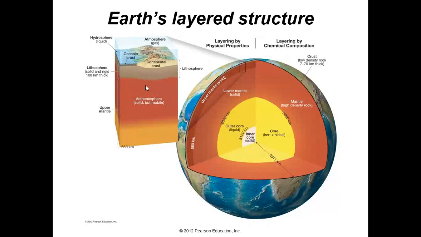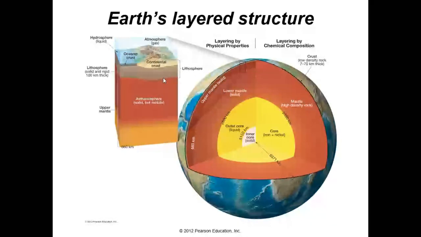Because it's close to melting, it's starting to get a malleable, smashable consistency to it. Basically it's this layer, the asthenosphere, on top of which Earth's tectonic plates ride. I'll leave it at that, and we'll return to that in greater detail. Actually, I think in chapter 3, we'll talk all about that.